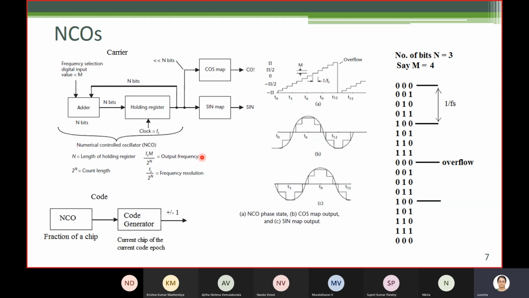IF will be constant after down conversion. It is the Doppler which has to be corrected. So by suitably adjusting M, depending on the loop filter corrections, we can correctly find the Doppler and generate the output frequency. This is how, with the help of carrier NCO, we can correct the Doppler.